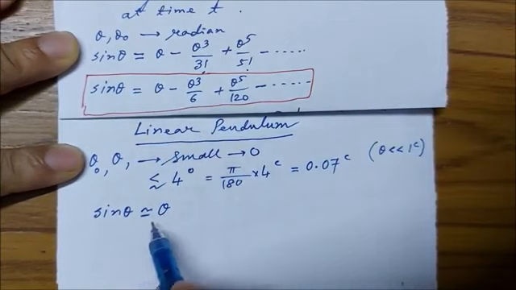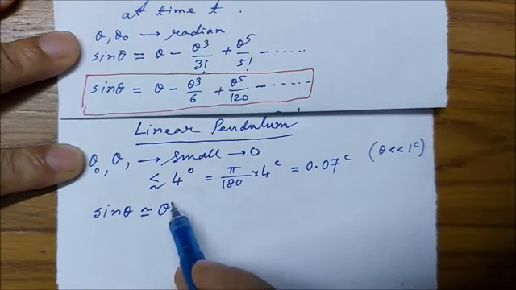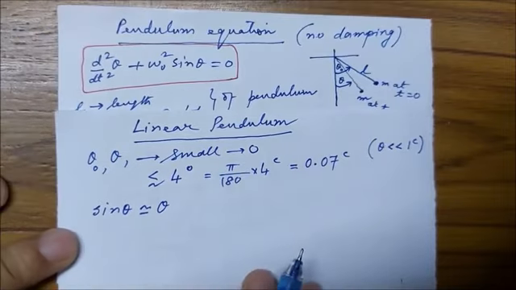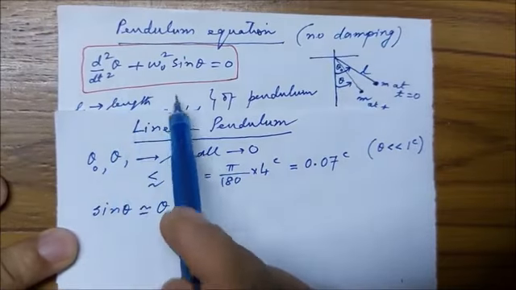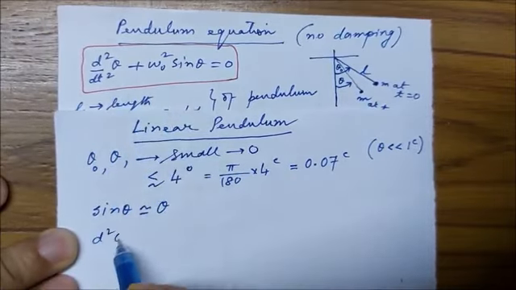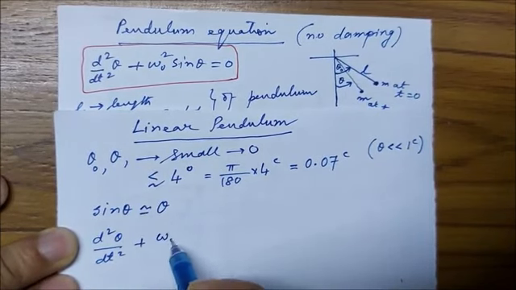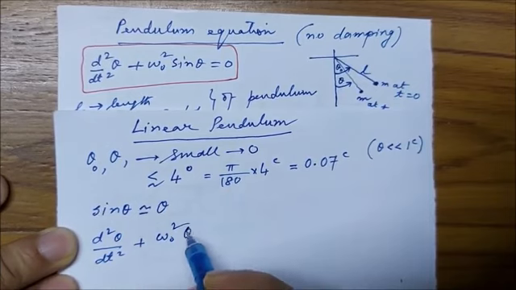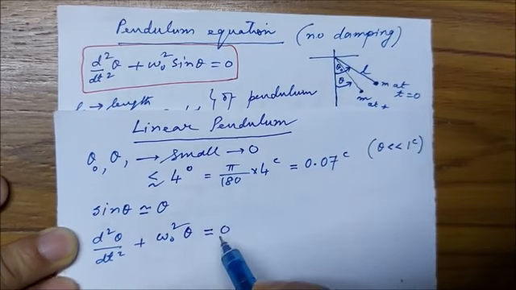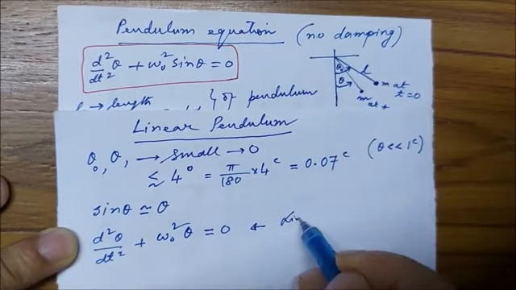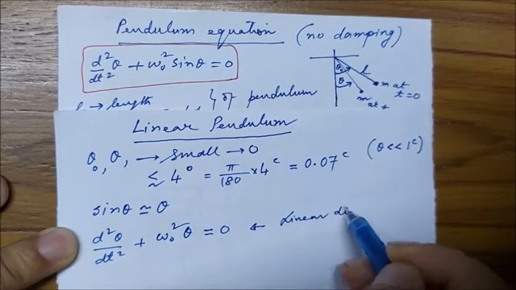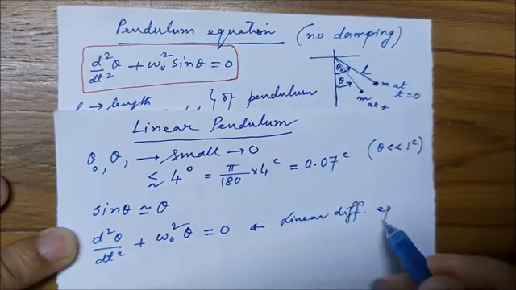So this is a linear approximation that we make, because theta is raised to the power 1, and therefore this pendulum equation takes the form: instead of sine theta we will write just theta, and we have a linear differential equation.